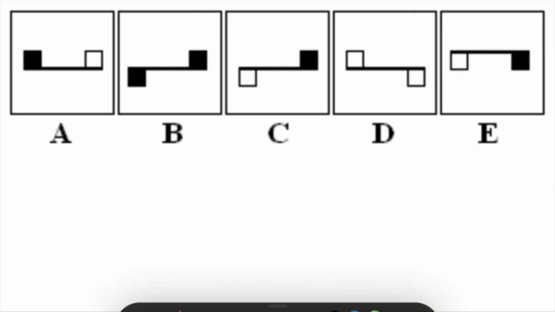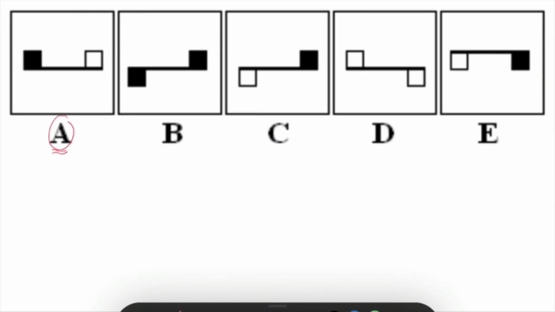Let's understand this by practicing how to analyze and evaluate this question. First, we have to analyze and identify the relationship between the different patterns, and there will be one that is not consistent with the other patterns. For example, we have A here.